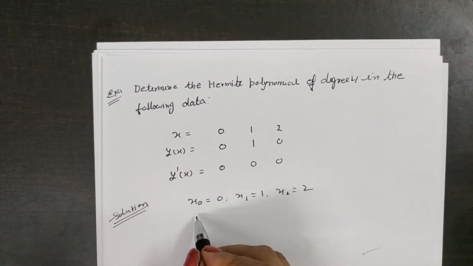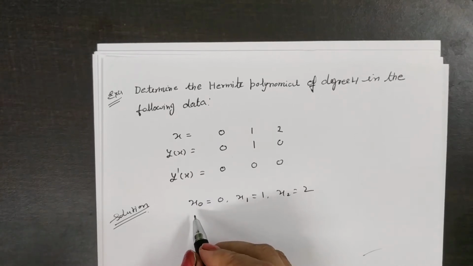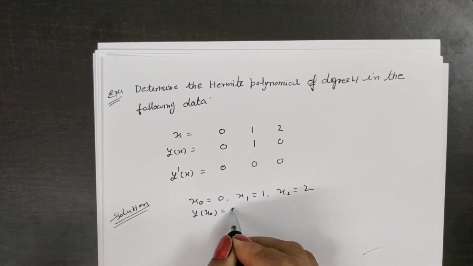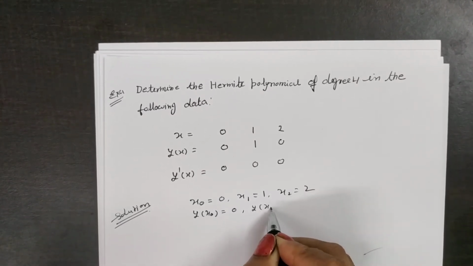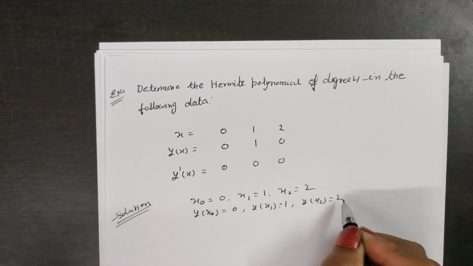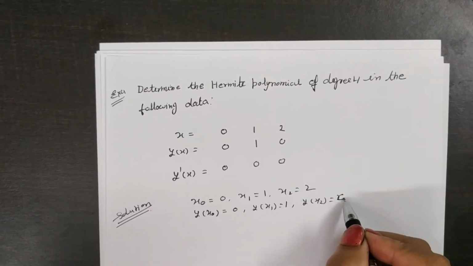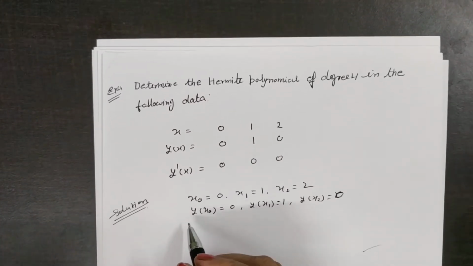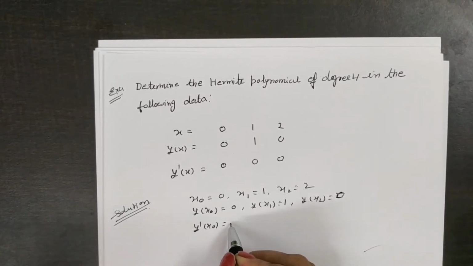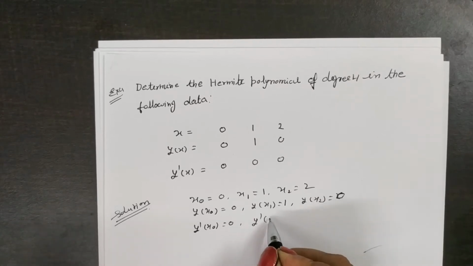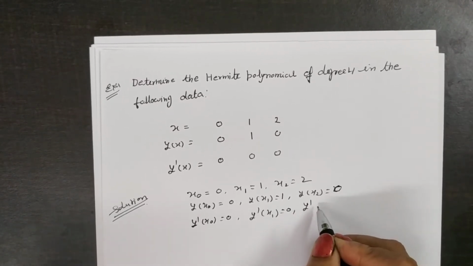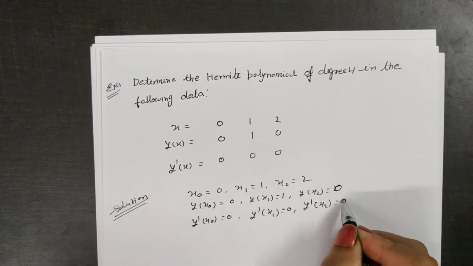And y(x0) equals 0, y(x1) equals 1, and y(x2) equals 0. Now the derivatives are also defined: y dash(x0) is 0, y dash(x1) is 0, and y dash(x2) is again 0.